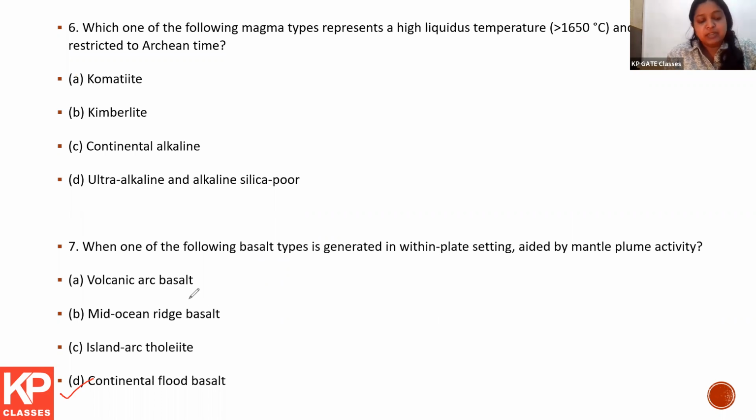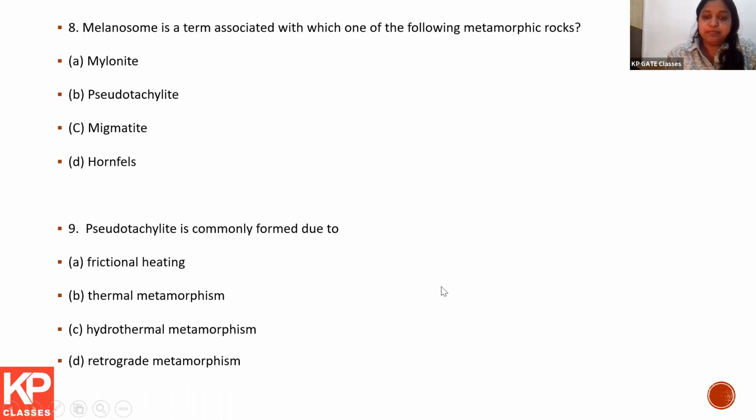It is associated with hotspots. Continental flood basalts are formed by mantle plume activity, their source is hotspots, and we get them within the plate setting. One example of continental flood basalt is the Deccan volcanics. This is also an easy question.